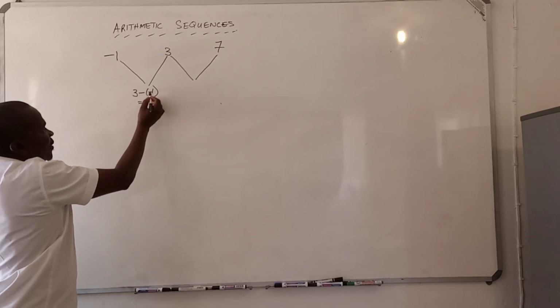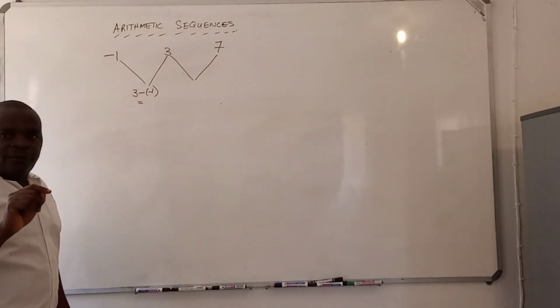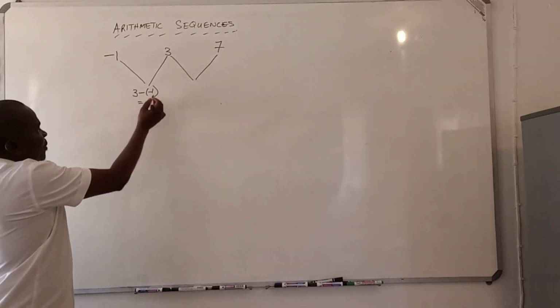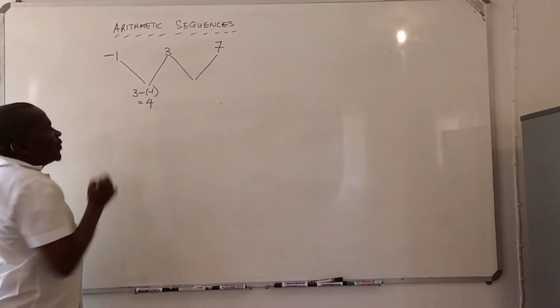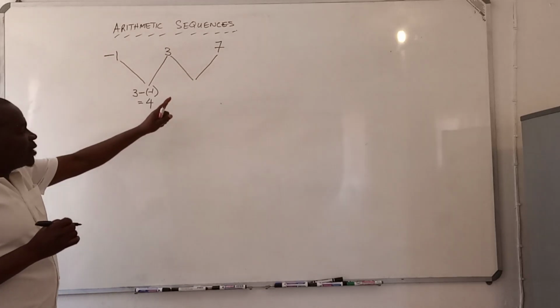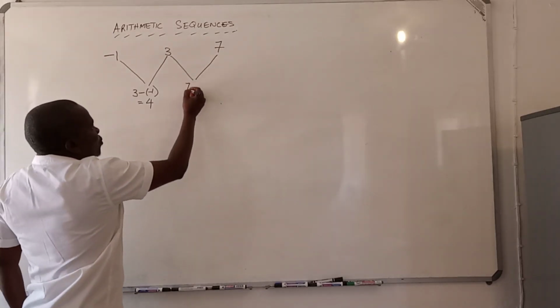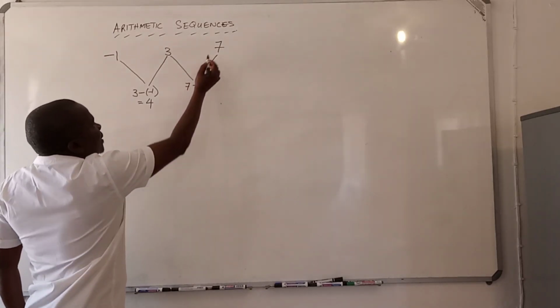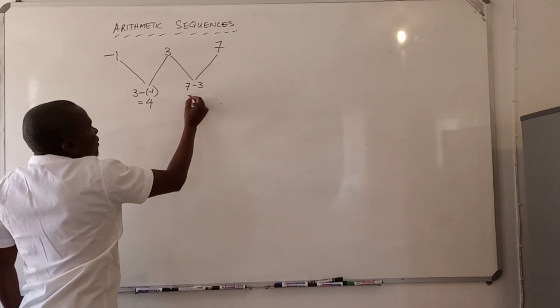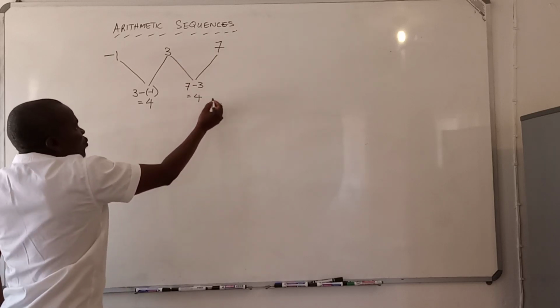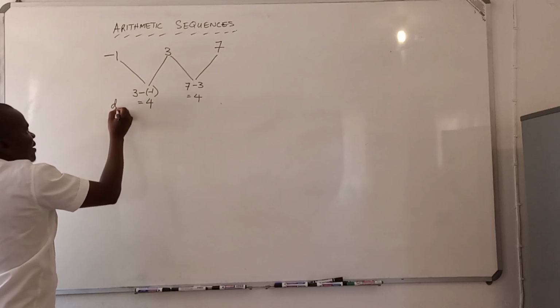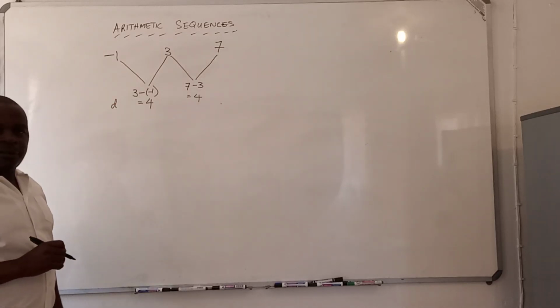Negative and negative, positive. 3 plus 1, it will give us 4. Let's check the next one. Here is going to be 7 minus 3. 7 minus 3 again is giving us 4. So this 4 here is our D, the common difference.